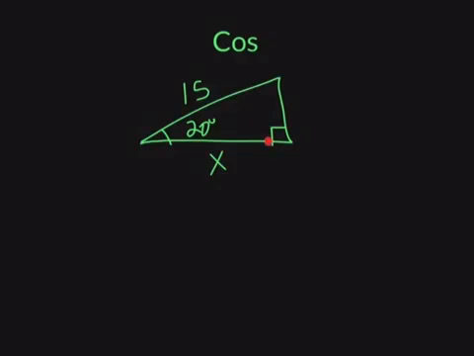And like before, we know our hypotenuse, which is opposite to the 90-degree angle, which in this case is 15. So if we're solving for x, last time we did sine of 30, but this time we're doing cosine of 20, because 20 is the given angle. Adjacent over hypotenuse, so we're going to do x over 15.